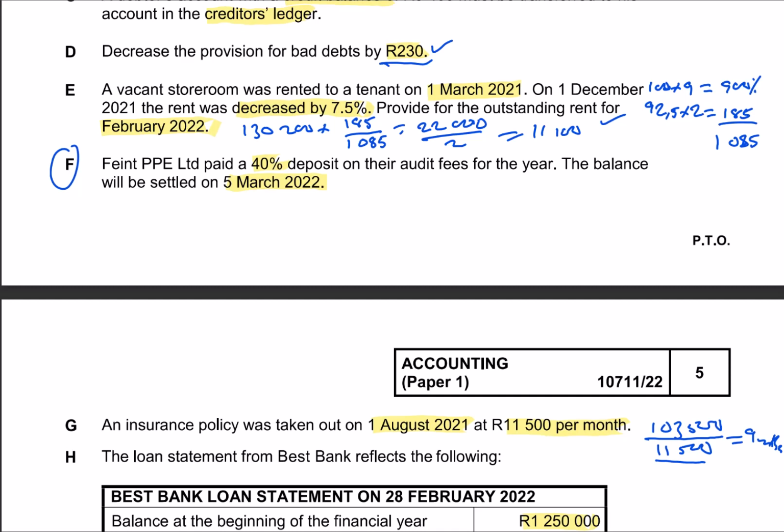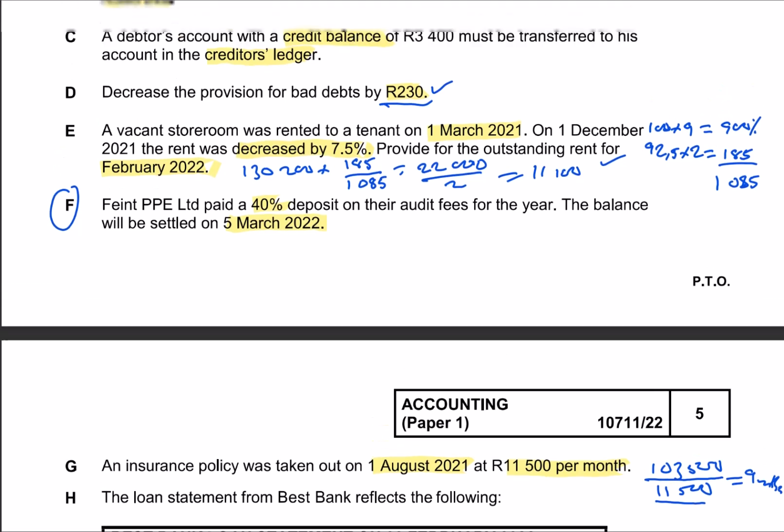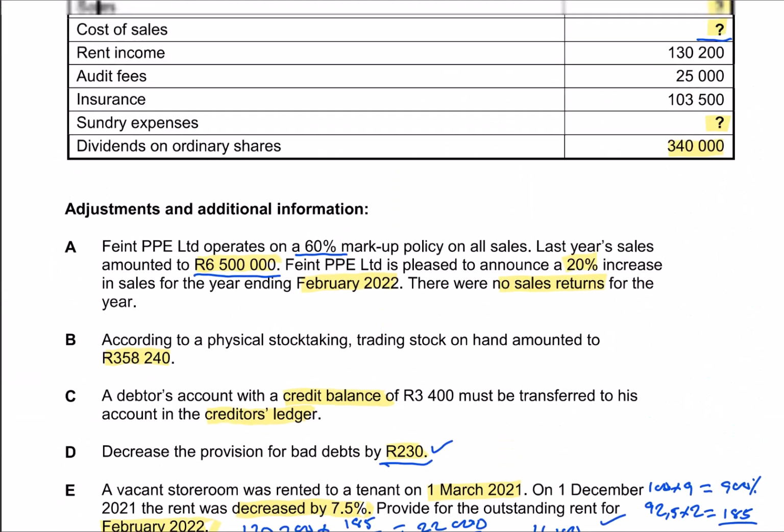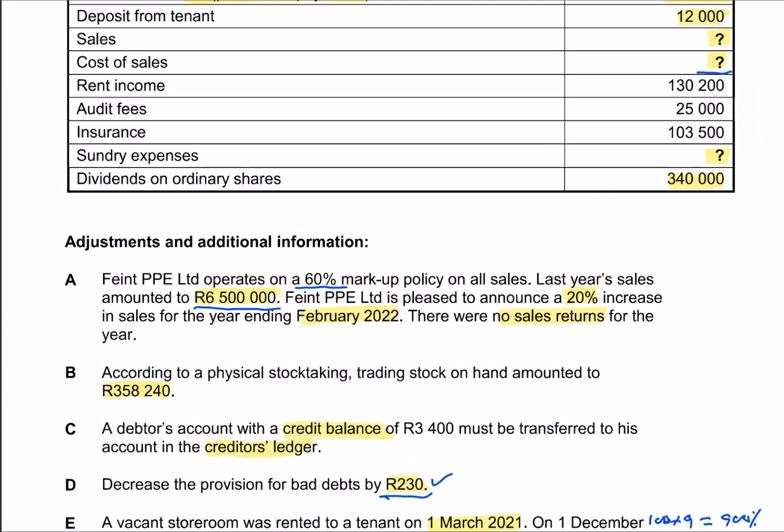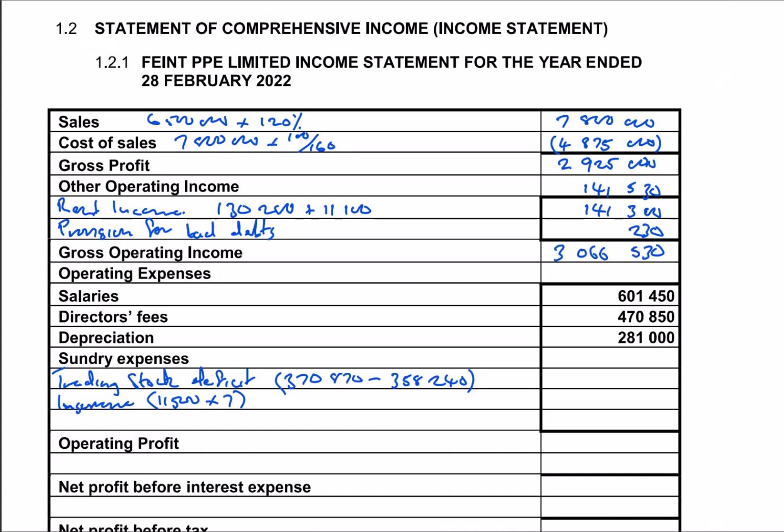Feint PE Limited paid 40% deposit on their audit fees for the year. The balance will be settled on 1 March. Right, so if you come on our audit fees here, it's 25,000, and that represents 40%. So if you come to our question, audit fees, that's 25,000 multiplied by 100 over 40.